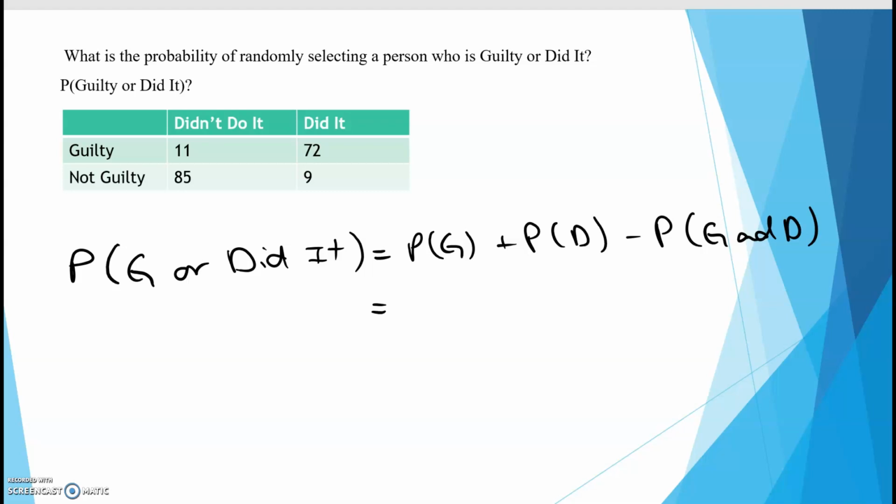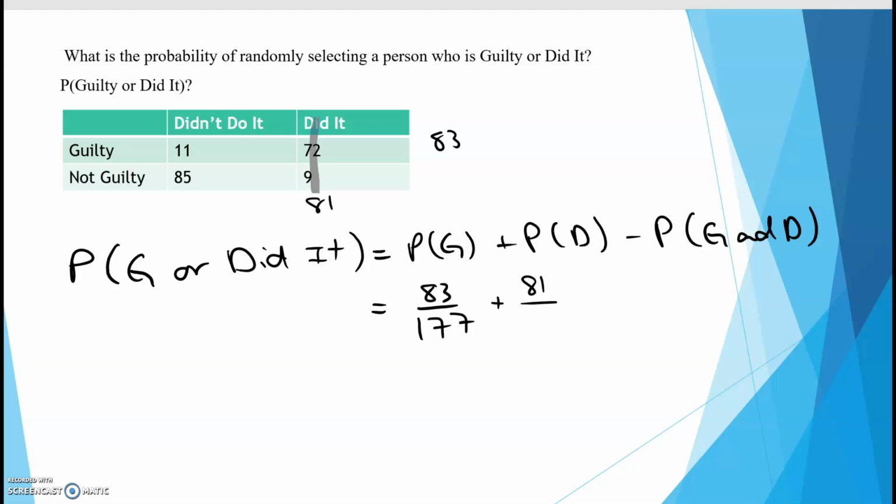Okay, well, how many guilty people do we have? Okay, here's guilty. So we have 83 people that are guilty out of 11 plus 72 plus 85 plus 9. That gives 177. Okay, plus, how many people did the crime? Well, 72 plus 9, and that's going to give us 81.